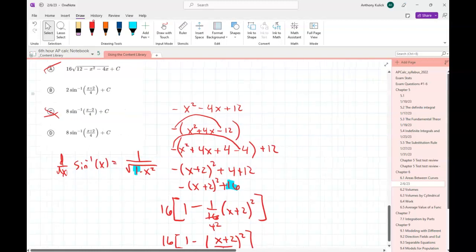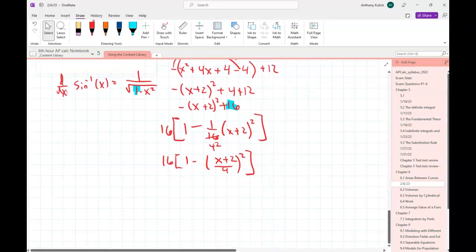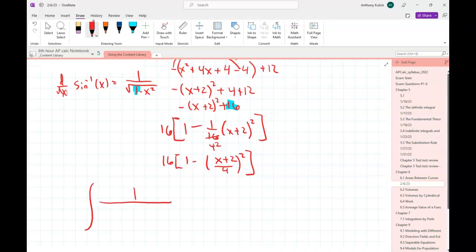What's the difference between B and C? The coefficient, right? And at this point, I'm not sure which one is going to be the one I want. So we're just going to keep going on this. So let's get back to where we are.